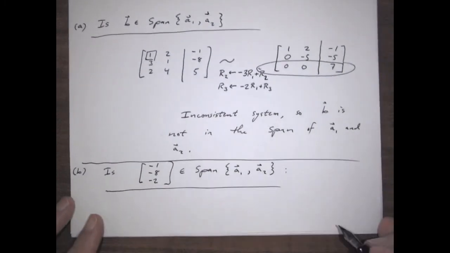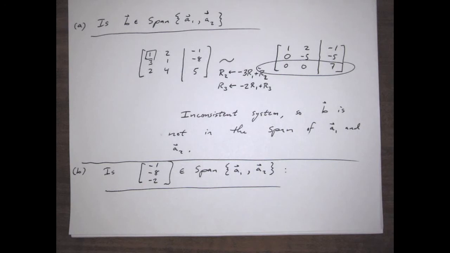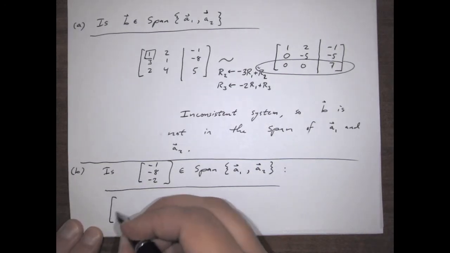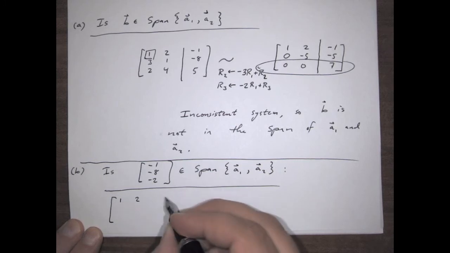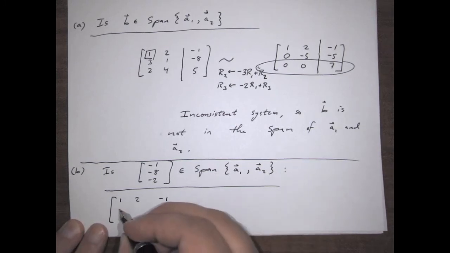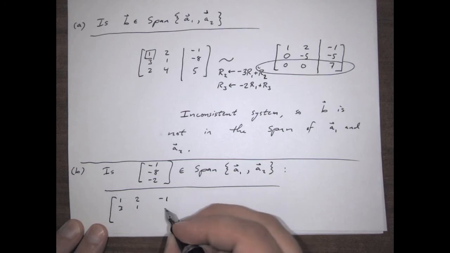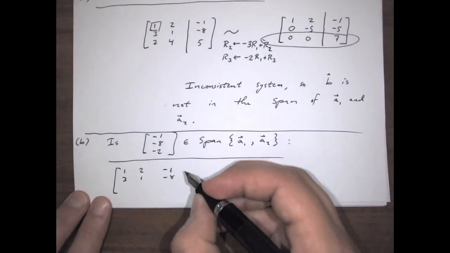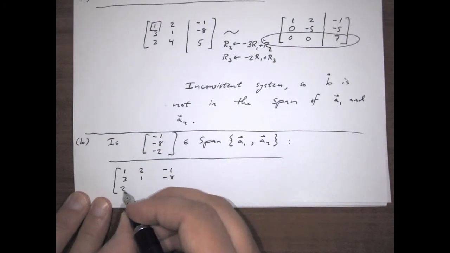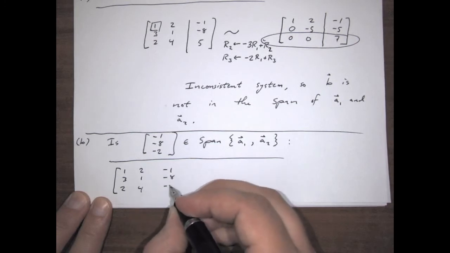So now let's hit the reset. Try this again with a new third column in our matrix. Three, 1, -8, and 2, 4, -2 this time.